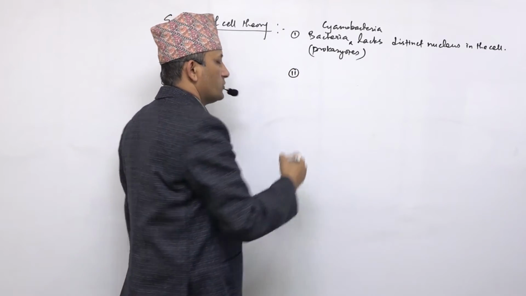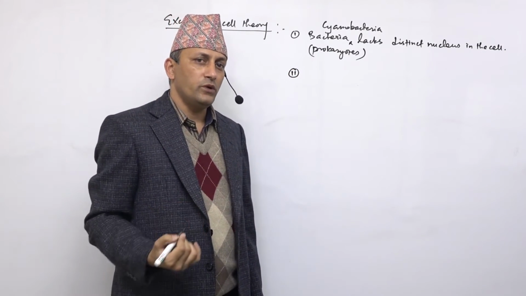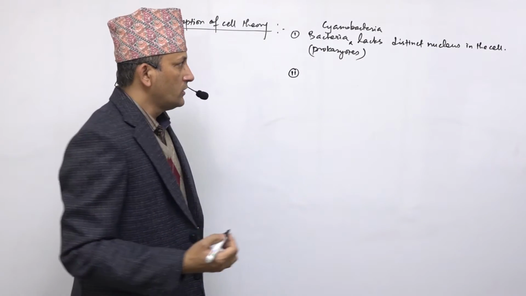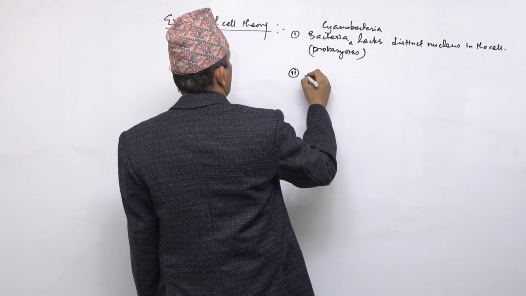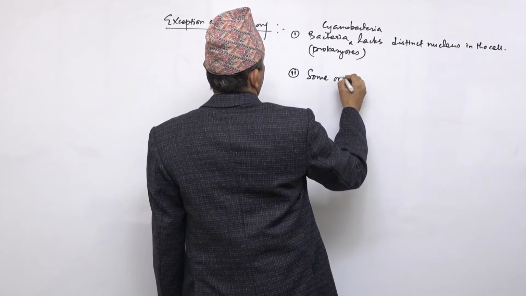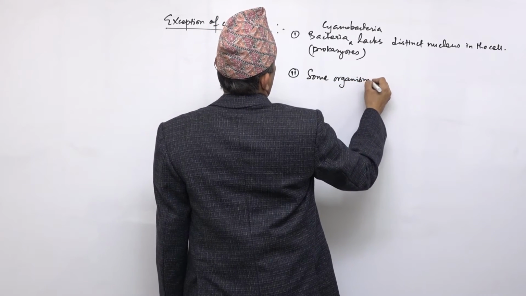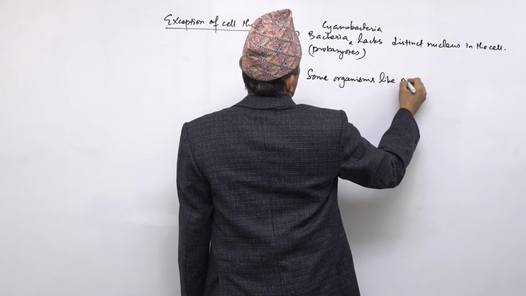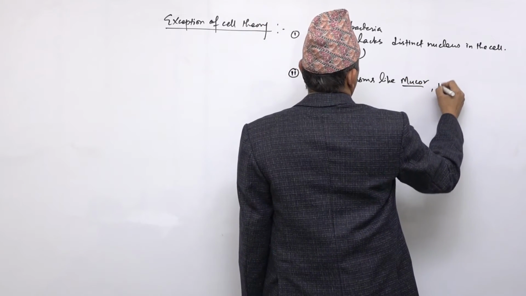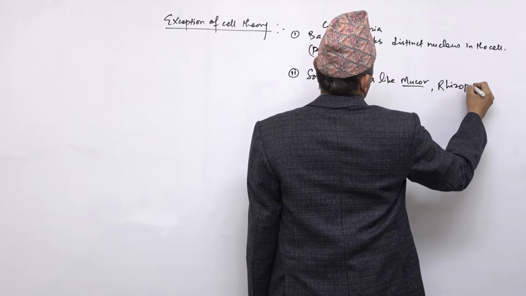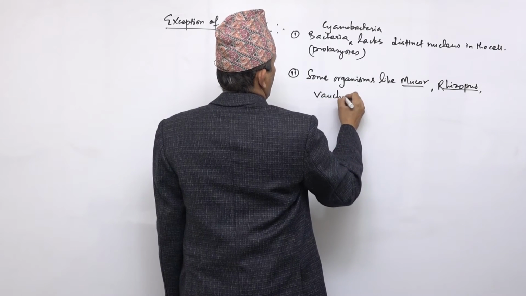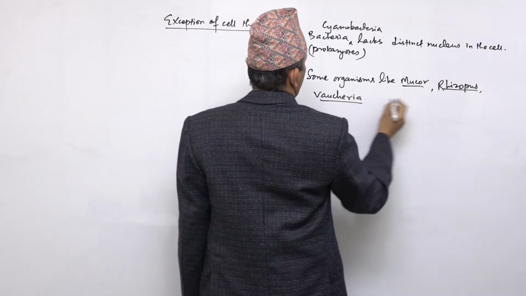त्यस्तै कुनै अर्गानिजम चाहिँ यस्तो पनि पत्ता लाग्यो जसमा एउटा भन्दा बढी न्यूक्लियस हुन्छ जुन सेल थ्योरीले भनेको थिएन. सेल थ्योरीले एउटा न्यूक्लियस हुन्छ भनेको थियो. सो some organisms like म्युकर जसलाई हामी ढुसी भन्छौं. म्युकर भयो अथवा राइजोपस पनि भन्न सक्छौं. एउटा एल्गी छ भौचेरिया. यो चाहिँ एल्गी हो. यो दुईटा चाहिँ फंगस हो.